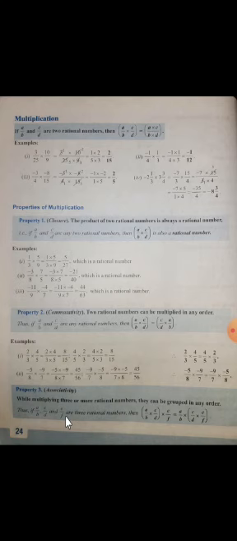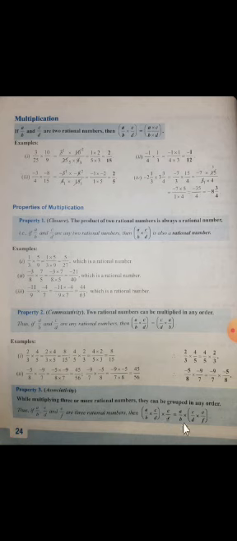And after taking these three rational numbers, first they are finding the product of the first and second rational numbers separately in a bracket, and the third one they are keeping outside.